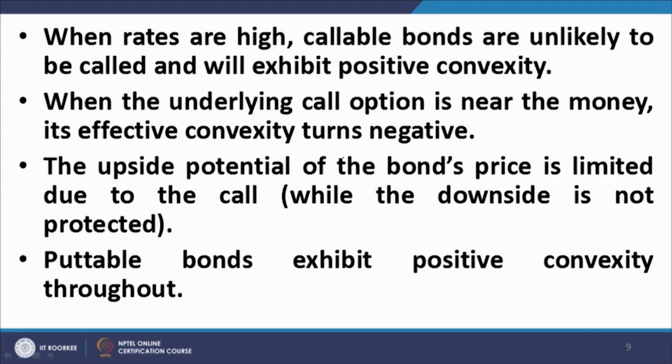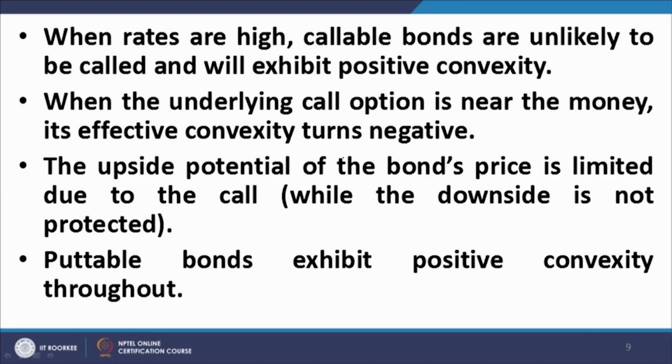So, to start with, the convexity will be positive at large interest rates. As the interest rates decline, I am talking about a callable bond, as the interest rates decline and the price approaches the exercise price, the convexity may turn out to be negative for a small region, and finally, the convexity will be 0 because the price change would be 0 corresponding to a further decline in interest rates.